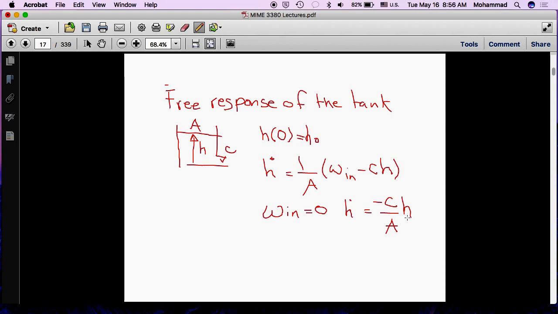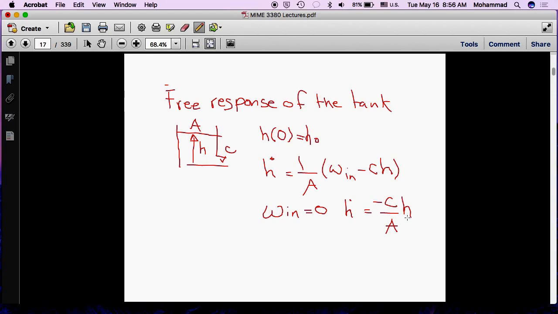It becomes a smaller number, smaller number, smaller number. Eventually, H dot becomes equal to 0. And when is that? Look at the equation. When H is exactly 0, when the tank is empty.